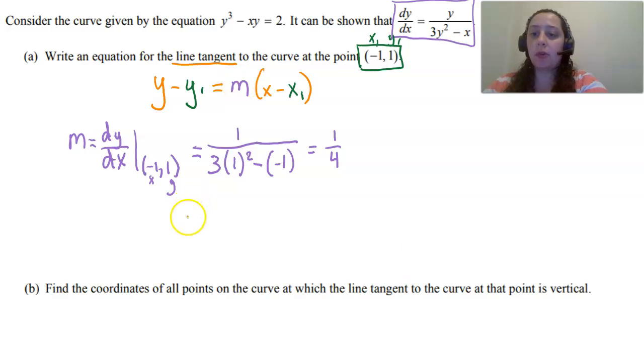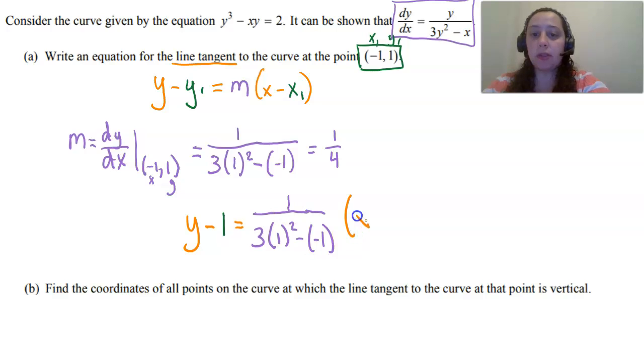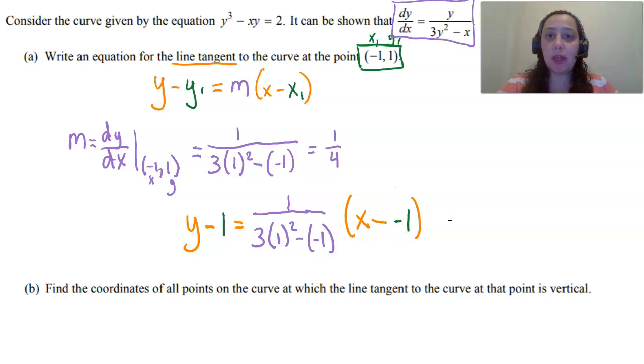So we have y minus y1, we said is 1, equals m, which I'm going to write as this big messy thing, just in case I make a mistake, parentheses x minus x1, and x1 is -1. So I'm going to put -1. And again, I'm going to leave it that messy.